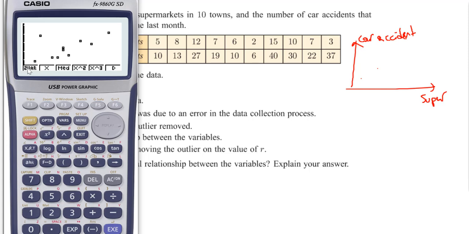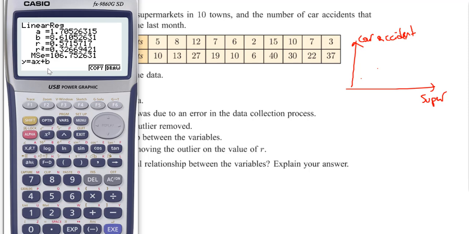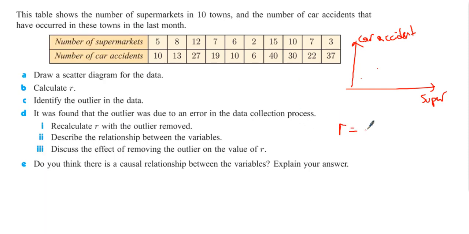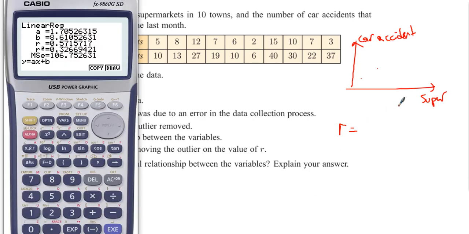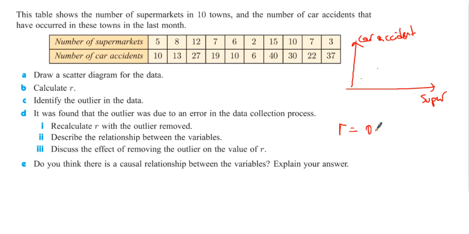Then I go to the calculation. For now, we just need this r, Pearson's coefficient. This one is r, and this is the one we are going to use. So what do we see? It's 0.5715.